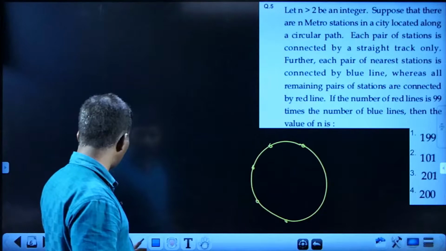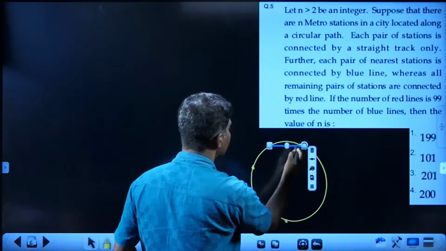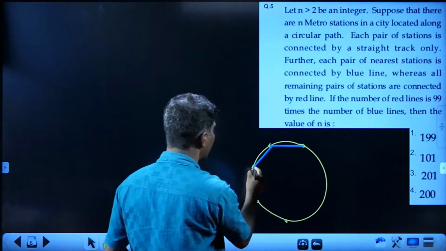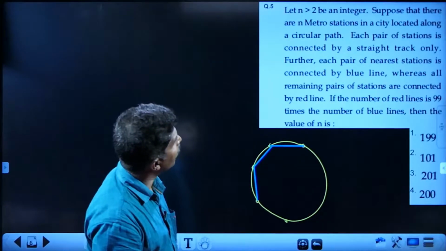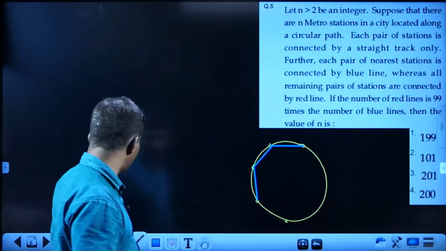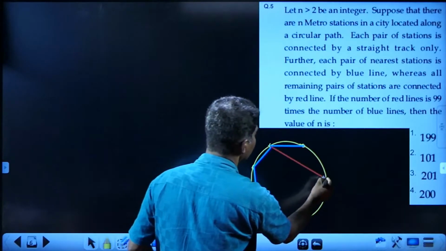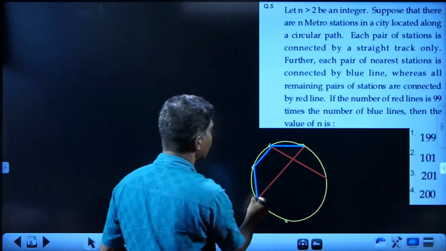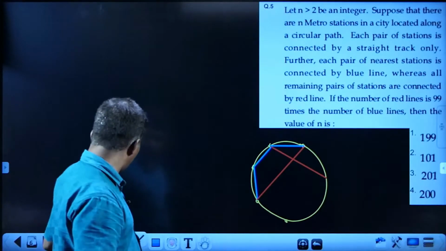These nearest ones are connected by blue lines. Okay. And whereas all the remaining pairs of stations are connected by red lines. There are some red lines also. Okay. Now what is given now?